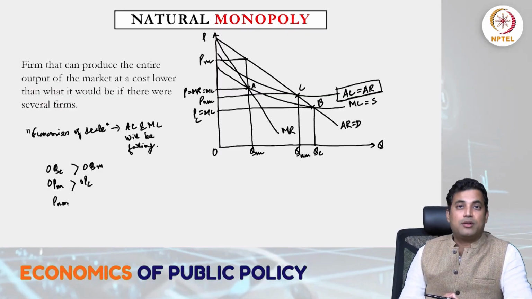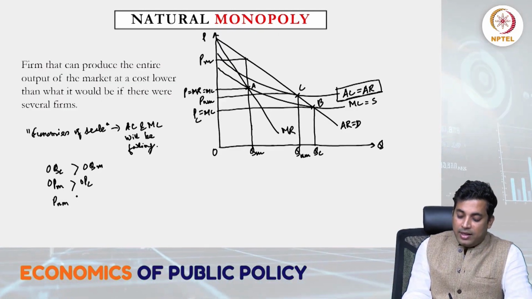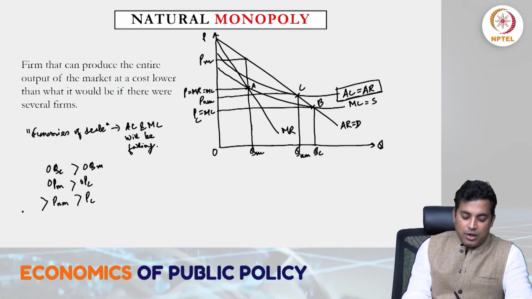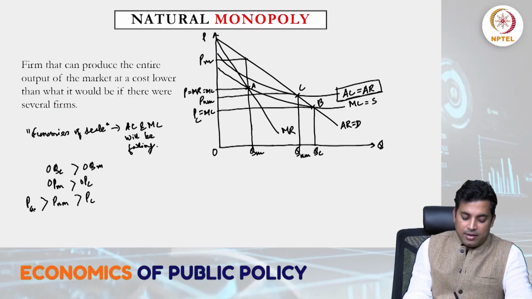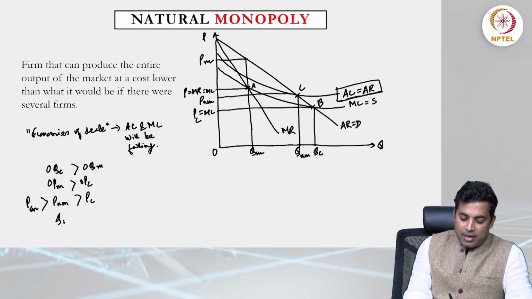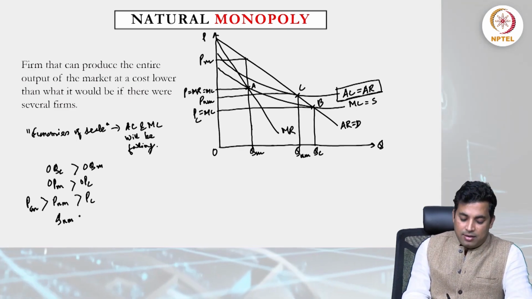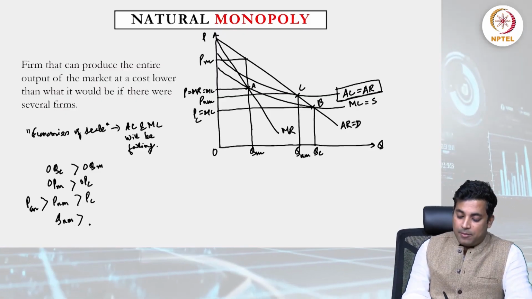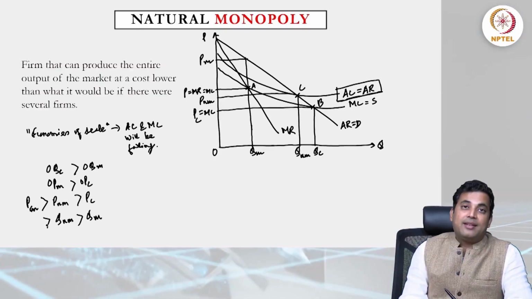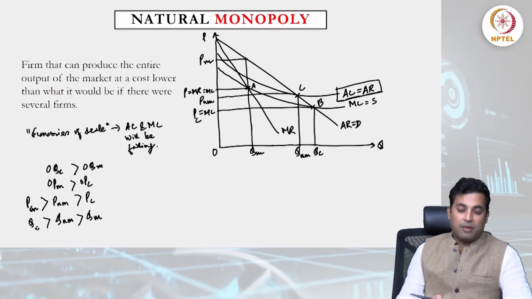You can see PNM, the price set under natural monopoly, is certainly higher than under perfect competition, but certainly lower than the price set under monopoly. On the other hand, the quantity produced under natural monopoly is definitely higher than under monopoly, but certainly less than under perfect competition.